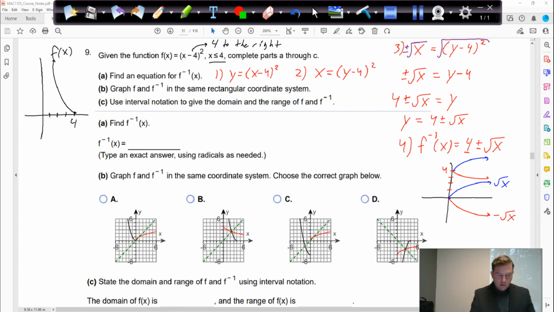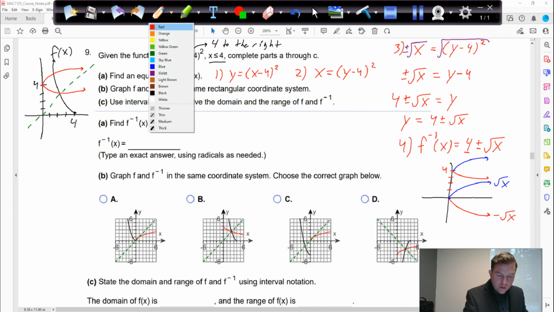Now let's see how that's going to look on our drawing over here. They're going to both start at 4, but do I take plus root x or do I take minus root x? And it turns out, if I put in my line of symmetry, which should be a 45-degree angle right through the origin, that this top portion will not work.